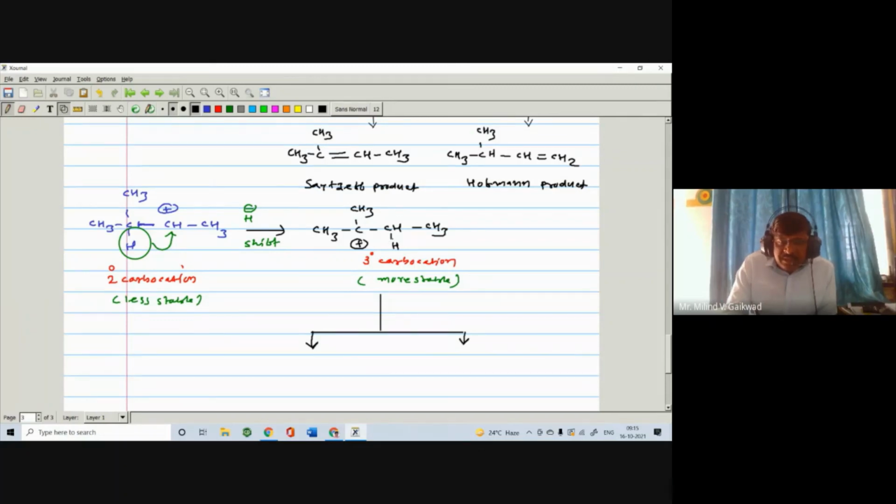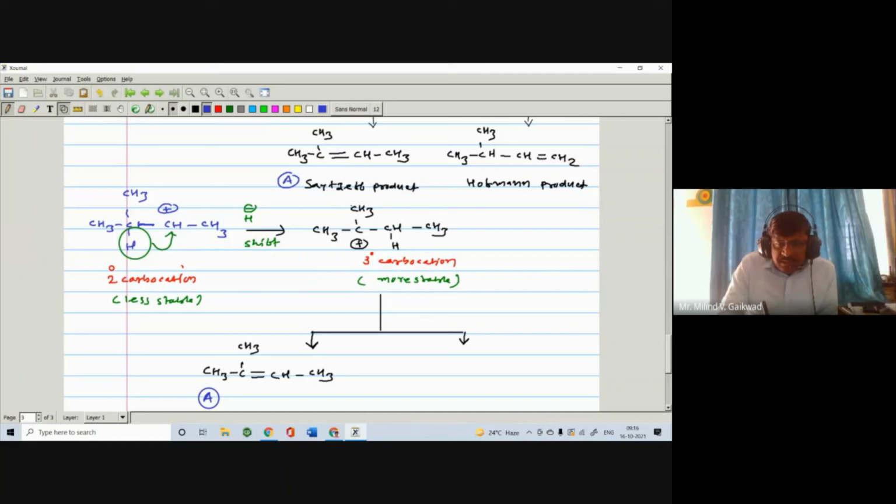If I remove this hydrogen, then you may get CH3, CH3, with a double bond CH and CH3. In the previous case, compound A, the Saytzeff product, and here is also A, the Saytzeff product. Both are the same.